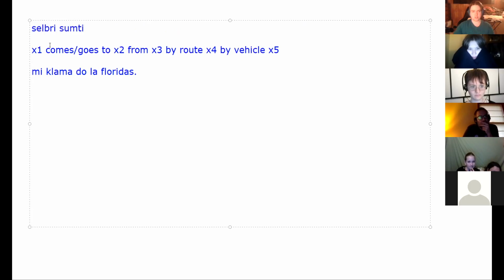Because you'll notice all these Lojban words end in vowels, and so that's how we make names distinct. So is that the only kind of words that end in consonants, proper names? Yeah, the only words that end in consonants are names, and that's just to make them distinct from the other words. I never knew that.